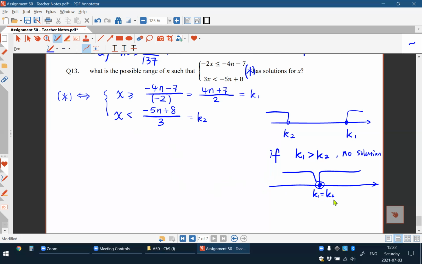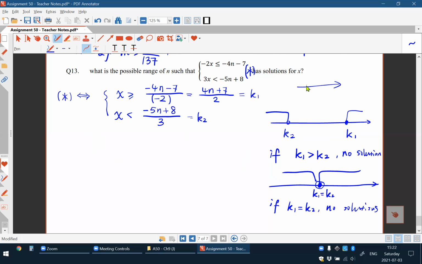Of course, there is not, right? Because x is greater than or equal to K1 and x is smaller than K2, which is also K1, there is no overlapped area, right? So in this case, there is also no solution. That means if K1 equals K2, no solutions as well. Okay, so only in these two circumstances, there's no solutions.